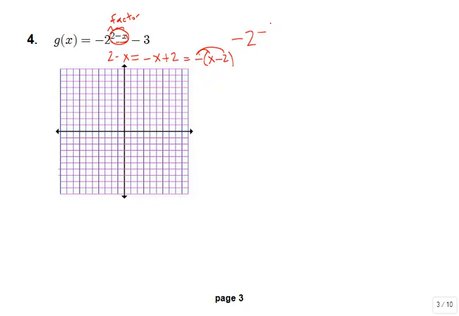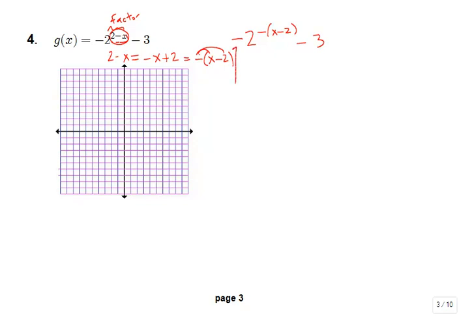So in factored form, this is going to be negative 2 raised to the negative parentheses x minus 2, and then that minus 3 on the side. So why do we bother doing all of that?